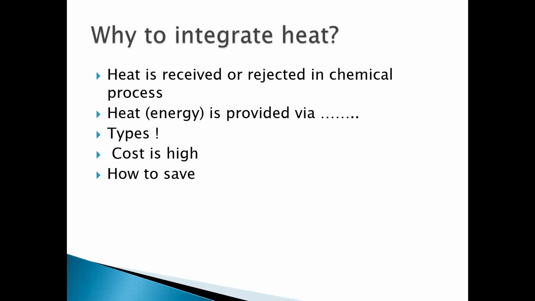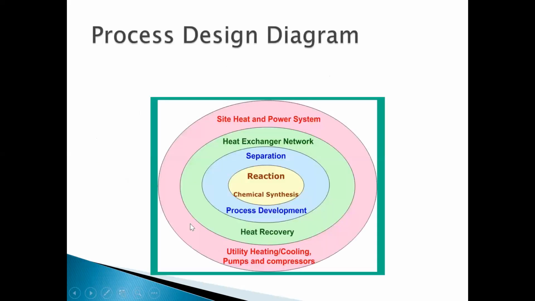Those utilities are of a high cost. So how do we save them? This is the challenge. They cost a lot in the plant. In this presentation, I'll show you methods that will help you to do that.